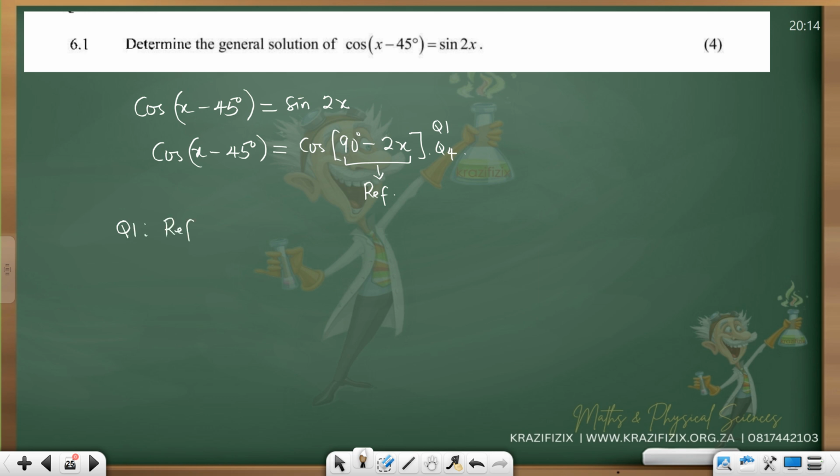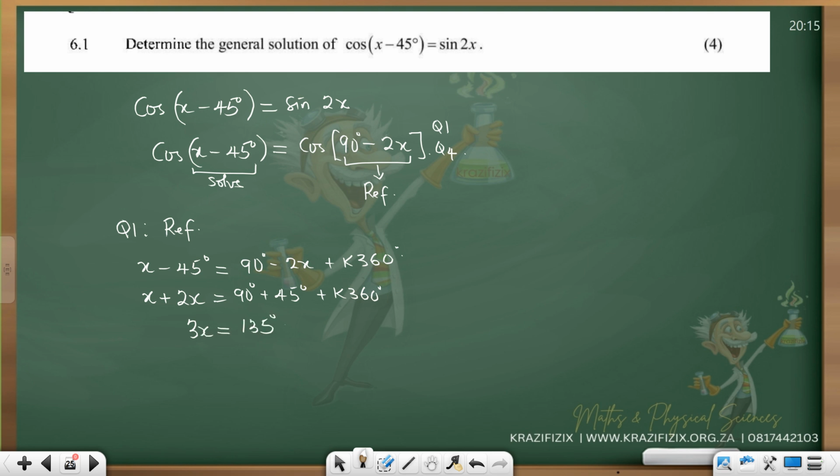In quadrant 1, we are working with the reference angle. So we're solving that. x minus 45 degrees equals 90 minus 2x plus k times 360. If we solve, just basic maths, variables on one side, what do we have? 3x equals 135, I think.